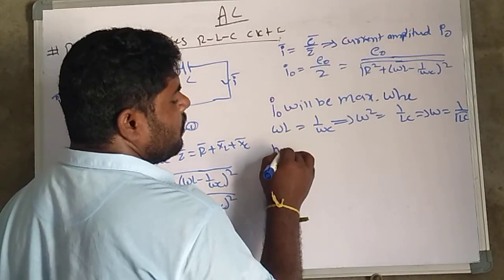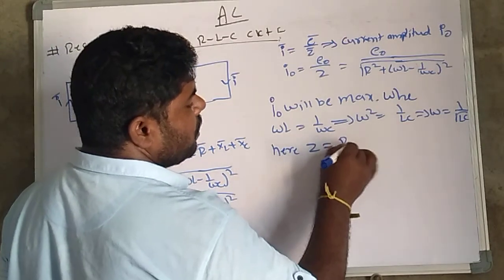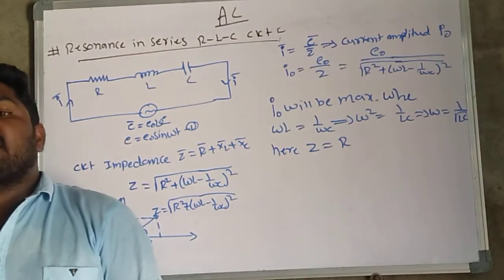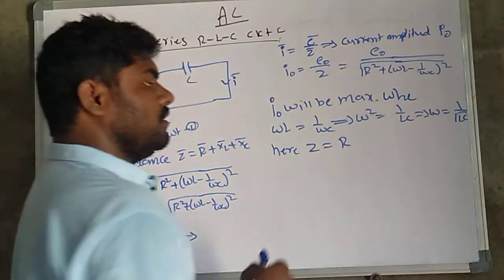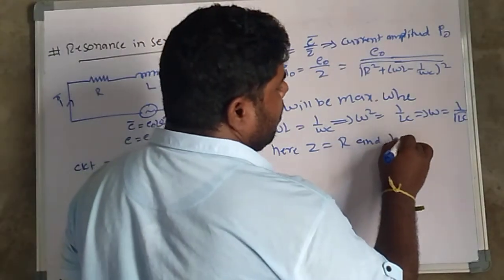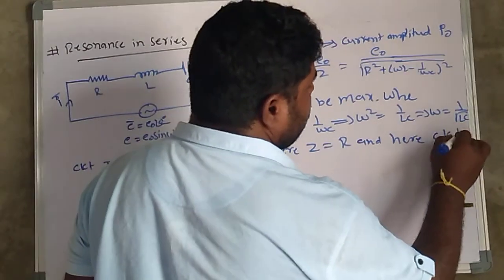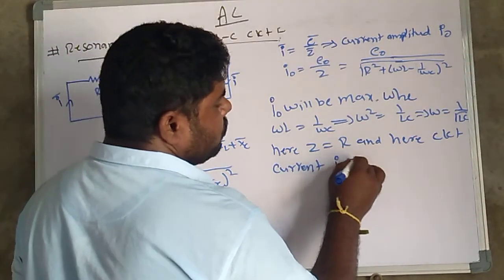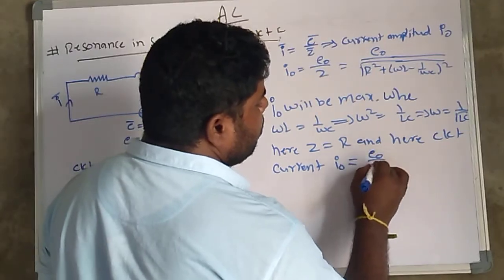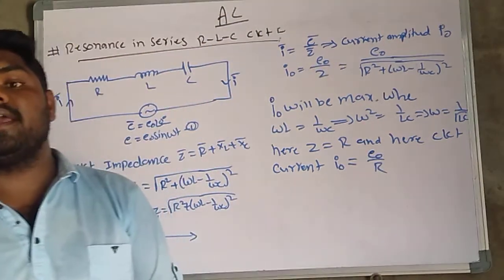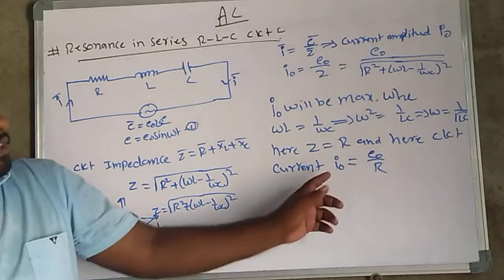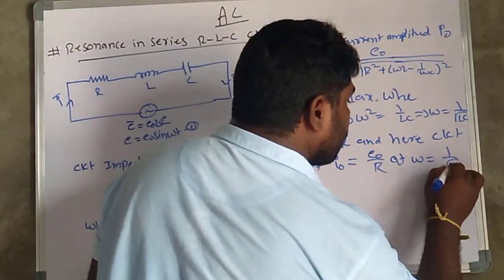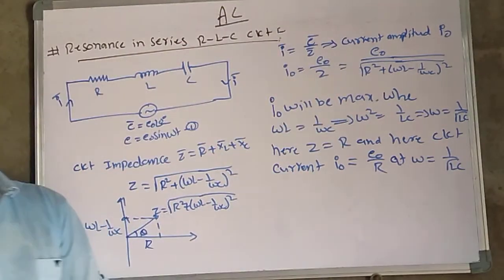It means the impedance is only the resistor, and the circuit current I naught is equal to E naught divided by R. This is possible only at omega equal to 1 by root LC.